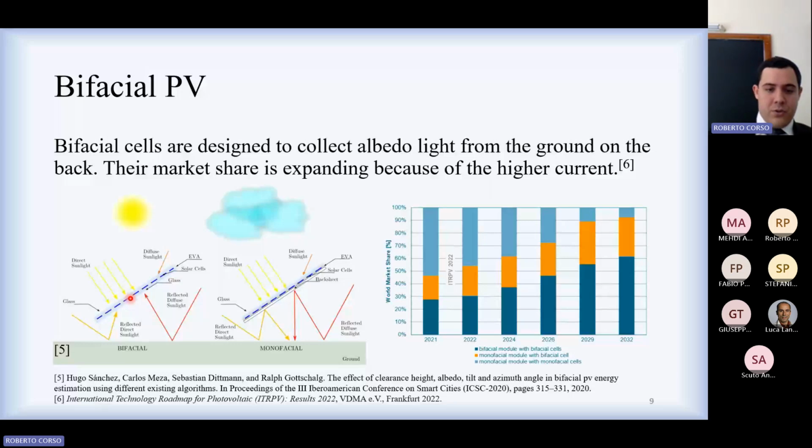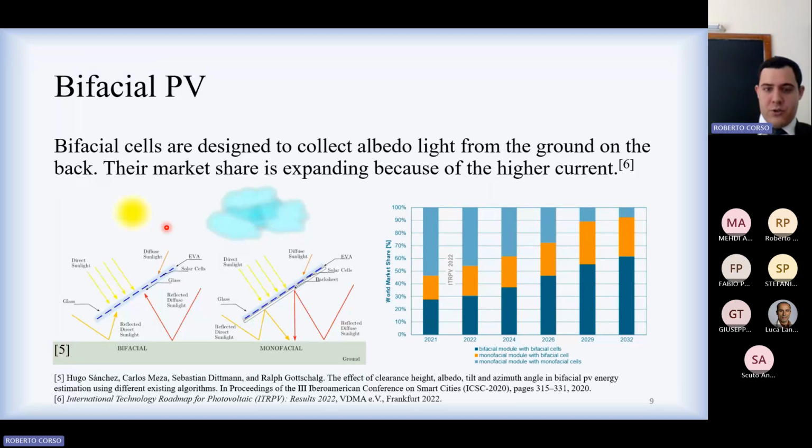However, another approach would be that of removing this backsheet and replacing it with just another layer of glass behind the module in order to allow reflected light from the ground to reach the solar cell and be absorbed for energy harvesting. This technology is quite recent.